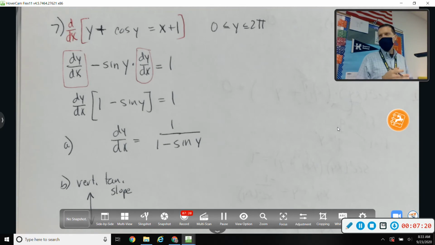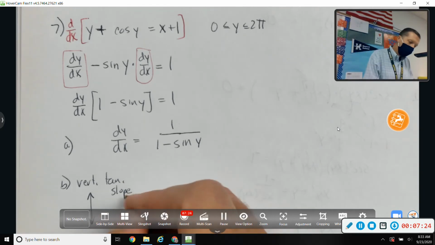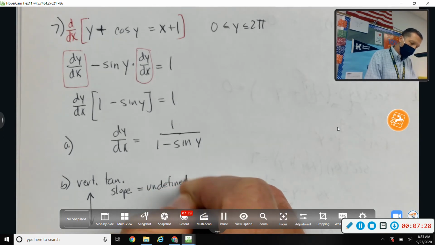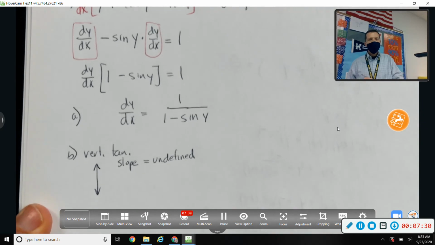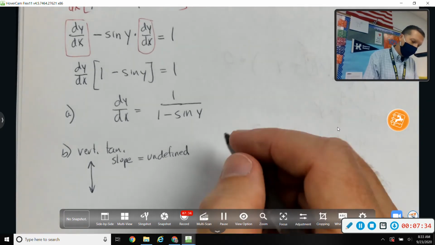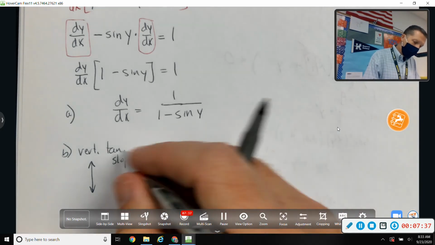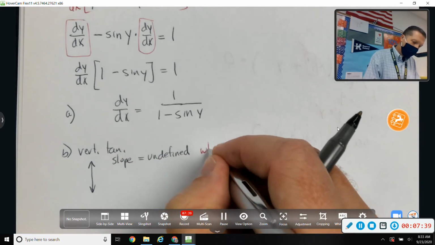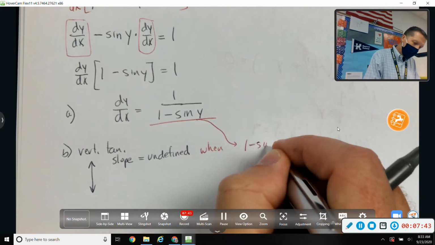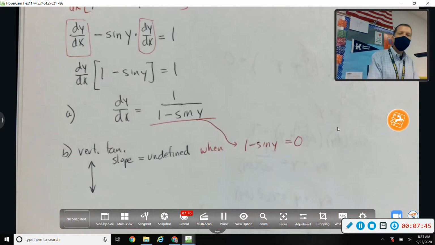The slope of a vertical line is undefined. And the only way to get undefined is to divide by 0. So our slope would be undefined when this denominator equals 0.